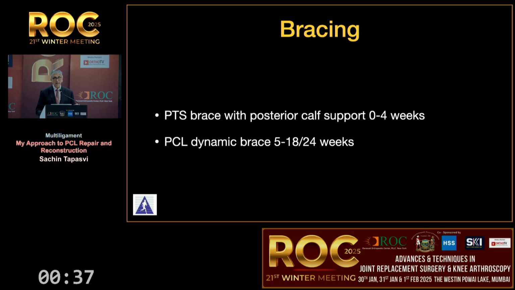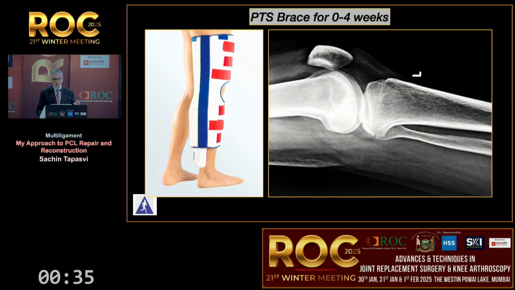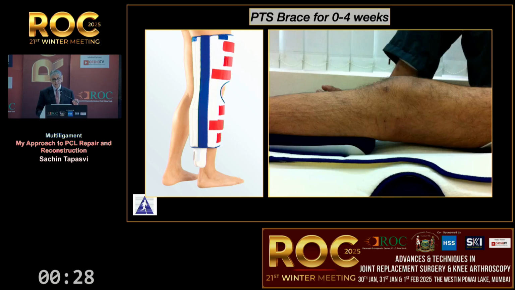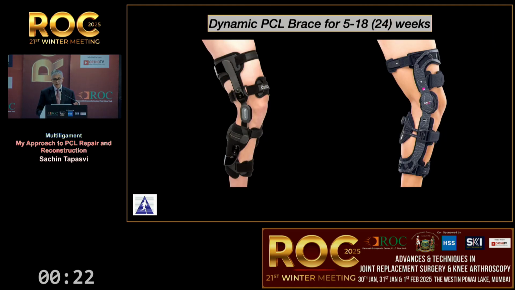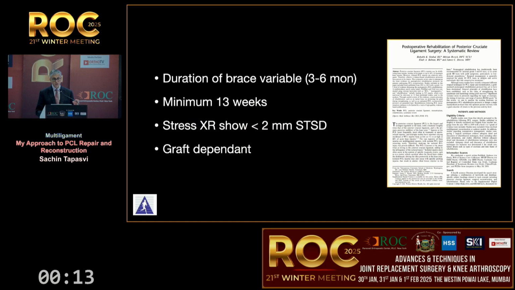Bracing is critical. You need to use a PTS brace for the first 4 weeks, and that's important because if you keep it in a simple straight leg brace, the PCL will still sag. The moment you use a PTS brace, you will see that the whole tibia is reduced and your repair is protected. You need to use some form of a dynamic brace for at least about 4 to 5 months following that, which will not allow your graft to stretch out.